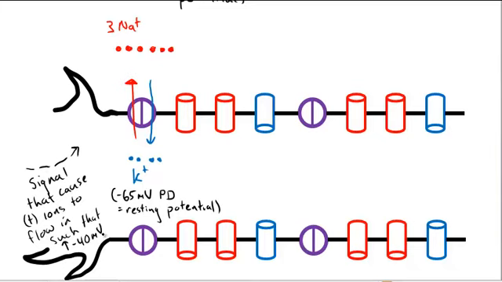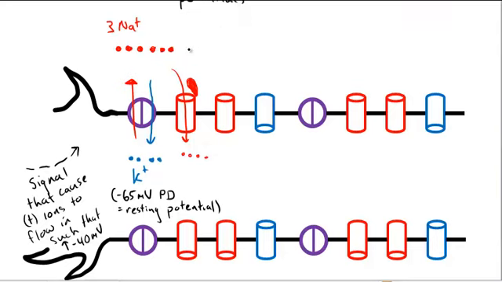When the threshold potential is reached, what happens is this voltage gated channel opens. So its lid essentially is closed. It changes its 3D shape depending on the membrane potential, and it opens up. So when it opens up, then all of a sudden we have this high concentration of sodium on the outside. It rushes in. Okay.